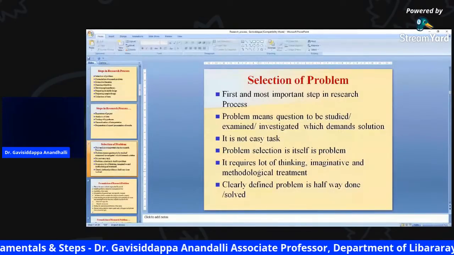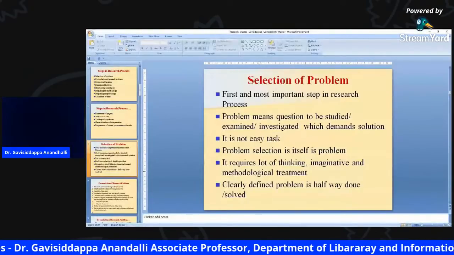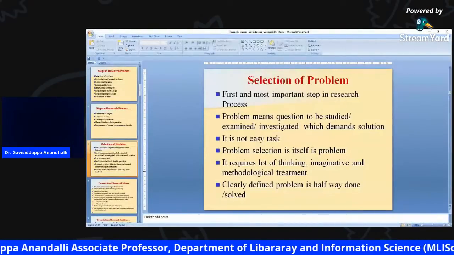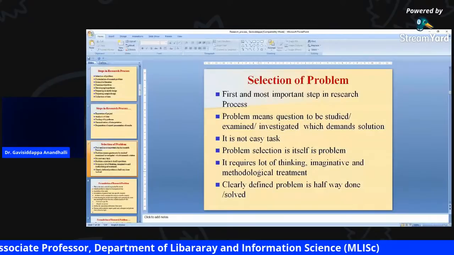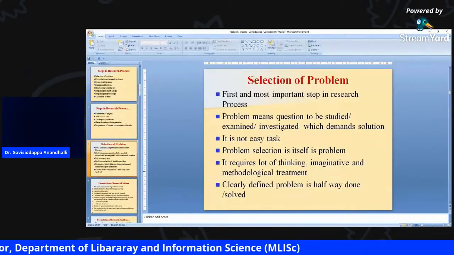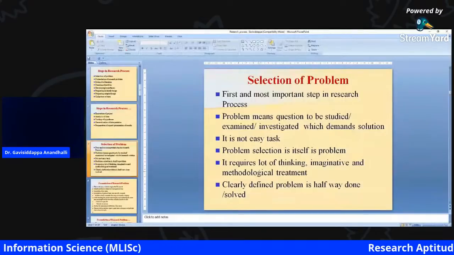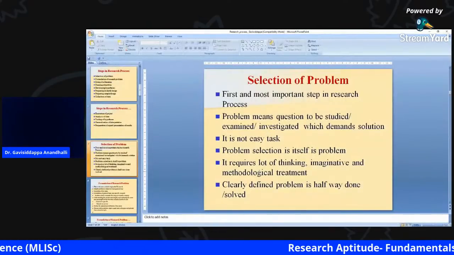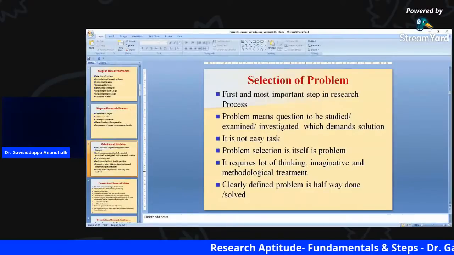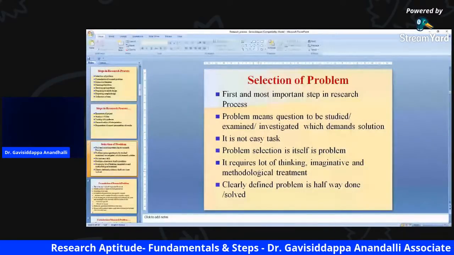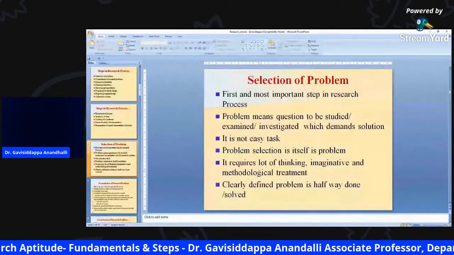It has been stated by Albert Einstein. So the next 50% is you have to design, collect the data, analyze it, and report it. That's all. Therefore, great care should be taken for the selection of the research topic, it should be a researchable one, and you require a lot of background preparation.